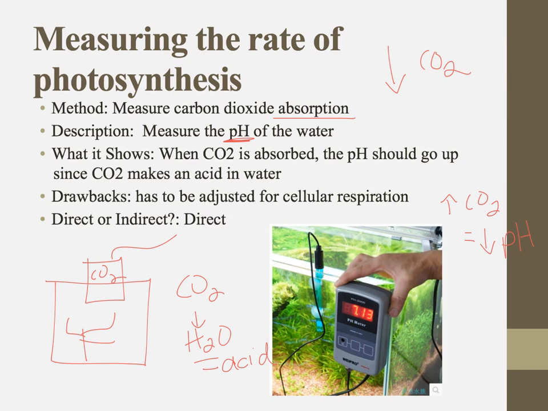Carbon dioxide makes an acid, so if I have less of it, it should be less acidic, meaning I'm getting more towards a neutral pH. Again, this has to be adjusted for cellular respiration because as plants are absorbing carbon dioxide for photosynthesis, they are also producing it during respiration, so there's a little bit of an adjustment there. Again, this is a direct measurement because it's a direct product of photosynthesis.